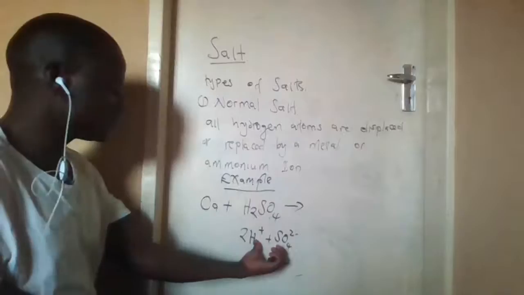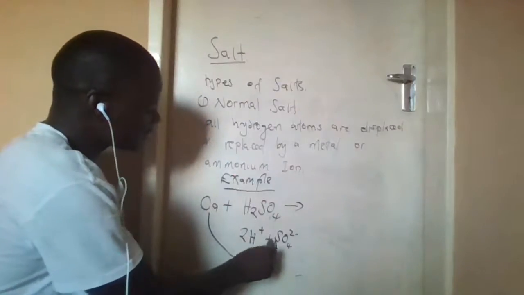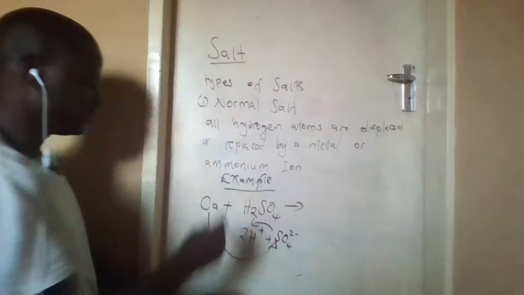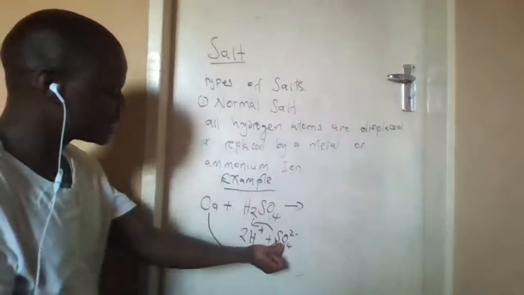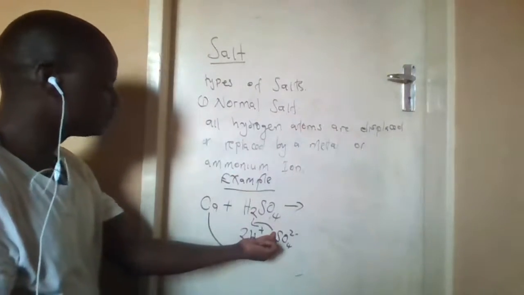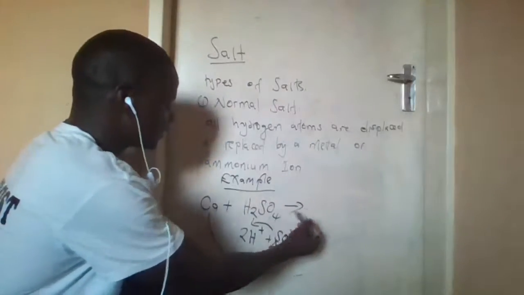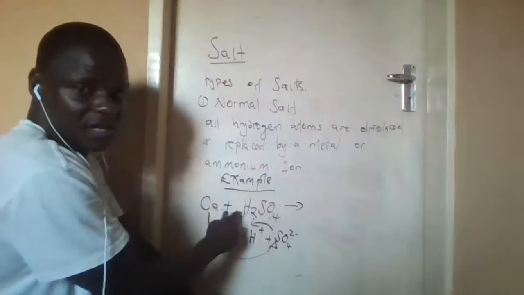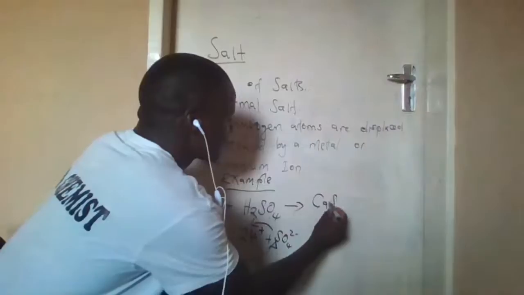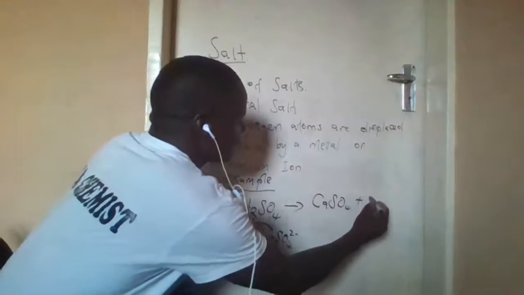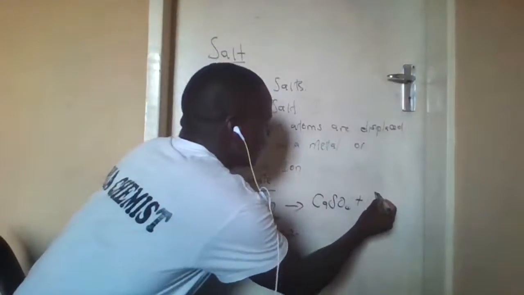So what is going to happen is that the calcium is going to be bonded to the sulfate, forcing the hydrogen to be released as a gas. So the equation can be written as calcium plus sulfuric acid to form calcium sulfate, plus hydrogen gas.